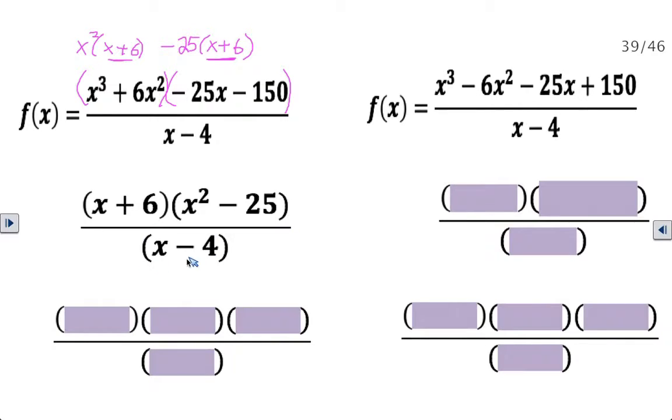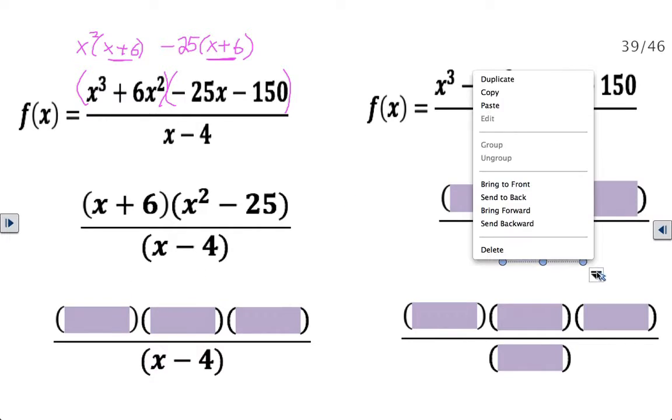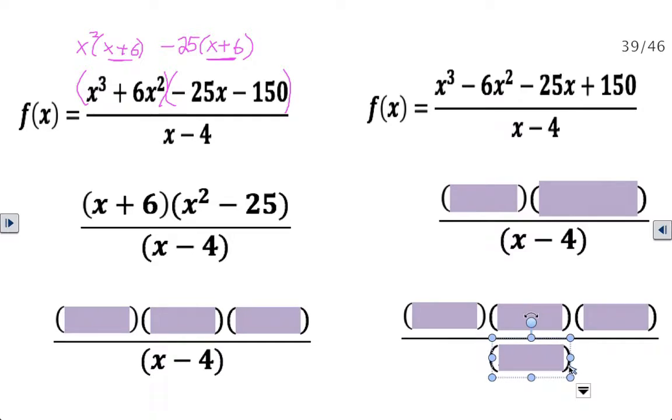You can't factor that anymore. The denominators are all going to just be x minus 4, and for both of these equations, you can't factor the denominator anymore.